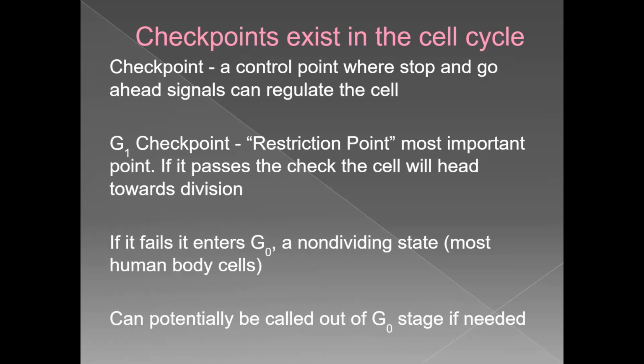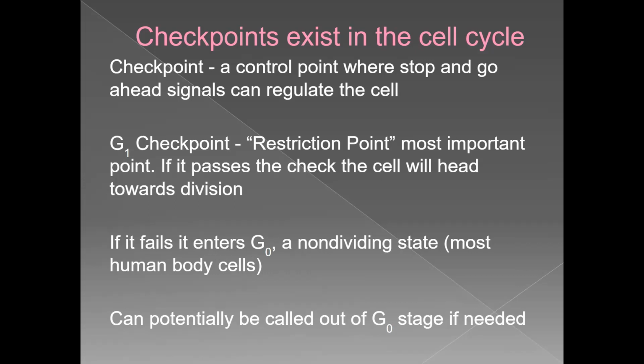If the cell isn't meeting the requirements, it might be programmed to die or to fix itself, etc. So once again, the G1 checkpoint, the restriction point, is the most important one. If it passes the check, the cell will head towards division. If it fails, it enters the G0 phase. G naught, a non-dividing cell, is what it turns into.